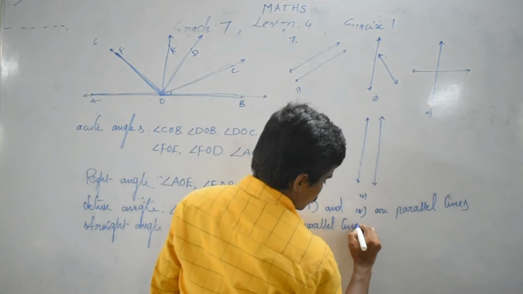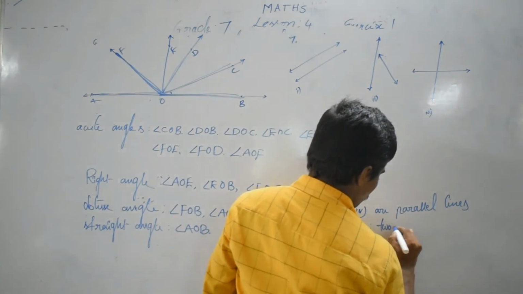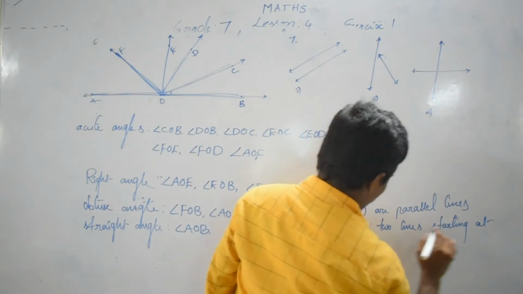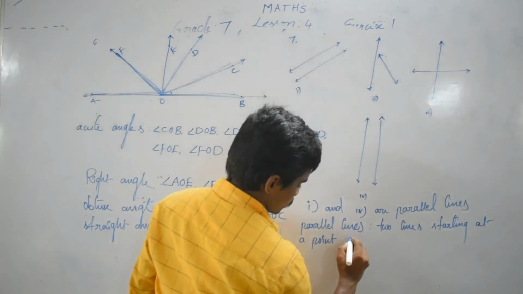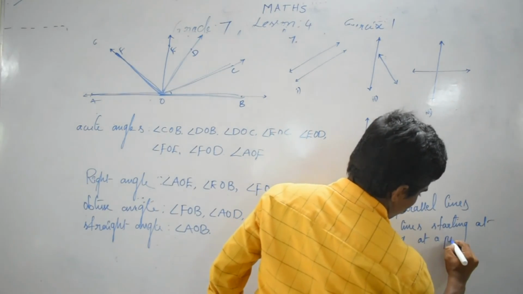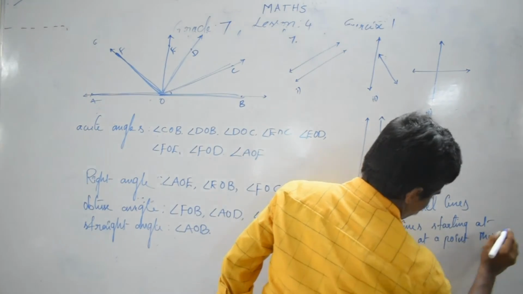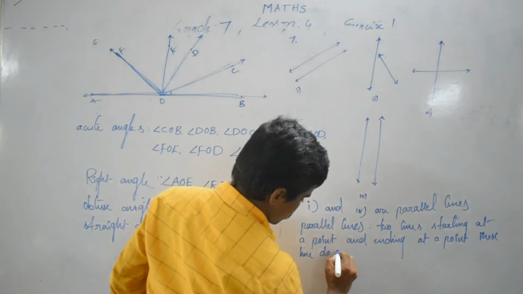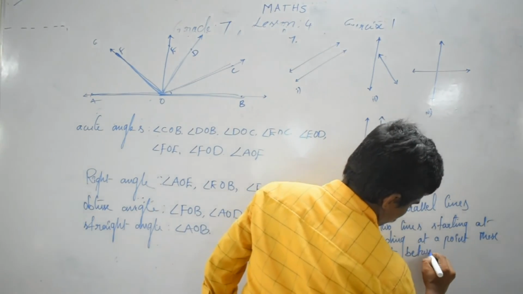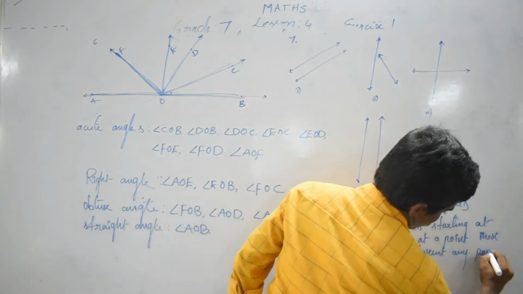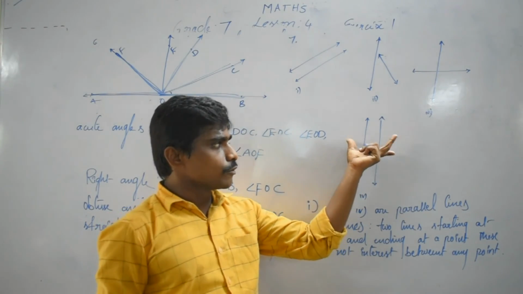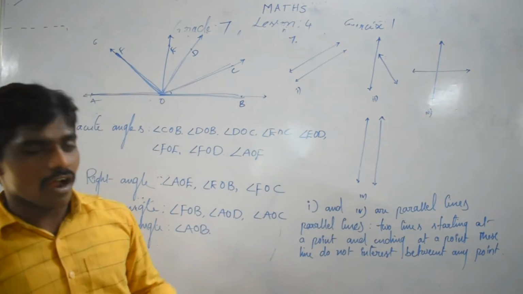The definition: two lines starting at a point and ending at a point, and these lines do not intersect at any point. That is called parallel lines.